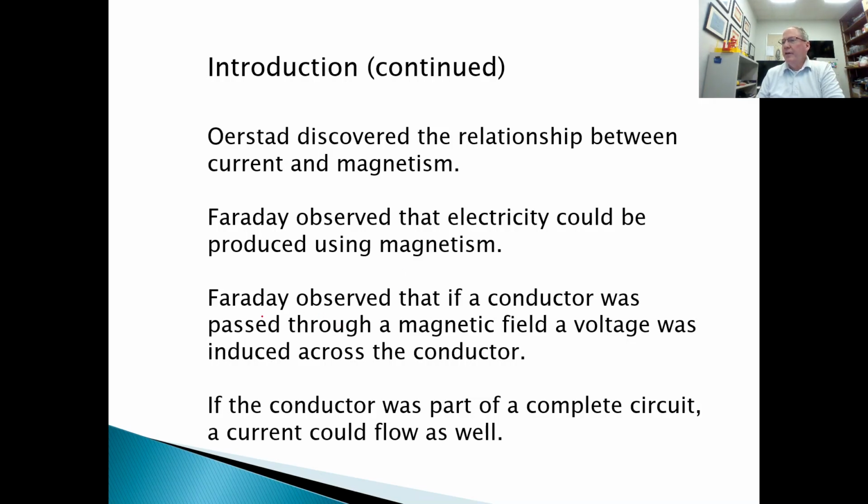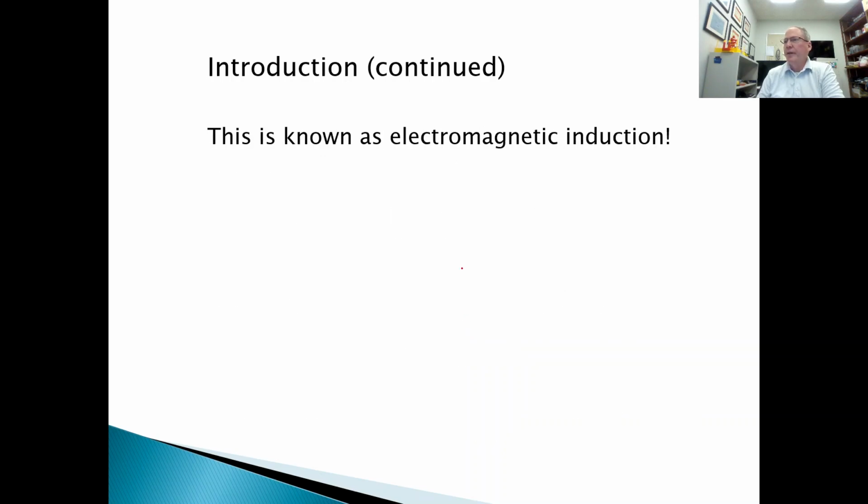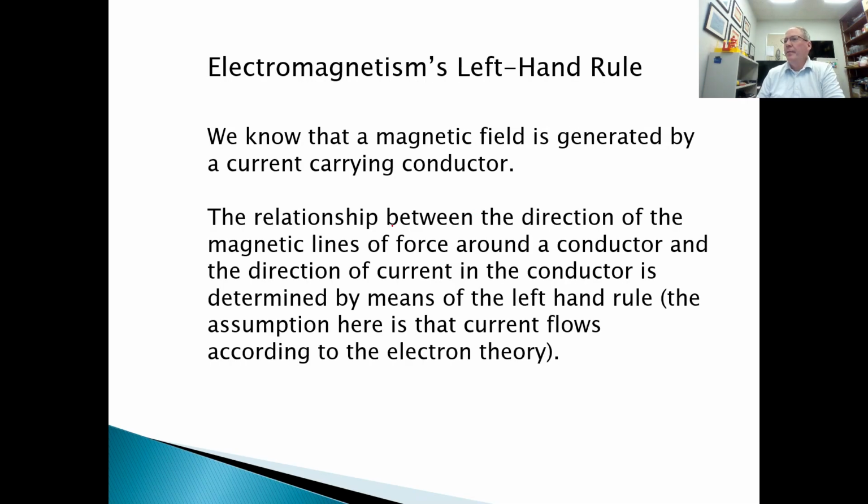Faraday observed that if a conductor was passed through a magnetic field, a voltage was induced. And if the conductor was part of a complete circuit, a current could flow as well. This is known as electromagnetic induction, which is really the principle of generating AC power, right? Now we know that a magnetic field is generated by a current carrying a conductor.